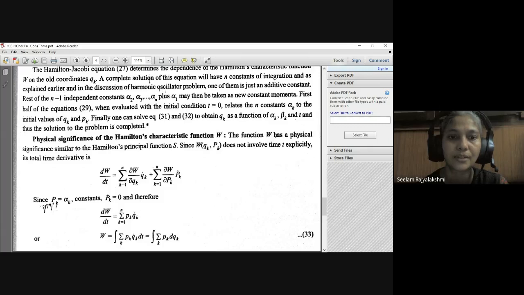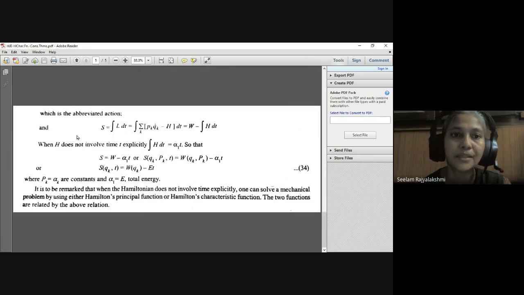W = ∫Σk pk q̇k dt = ∫Σk pk dqk, which is the abbreviated action. And S = ∫L dt, as we have already seen.